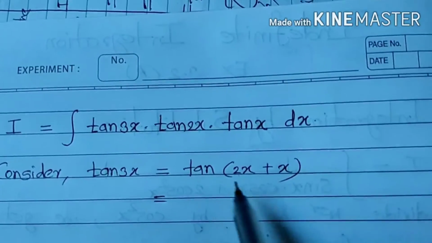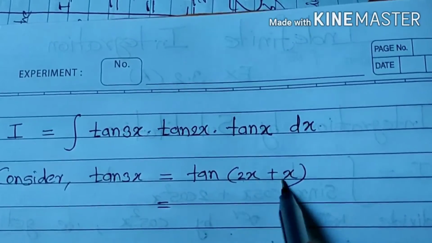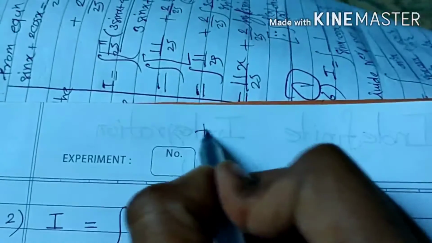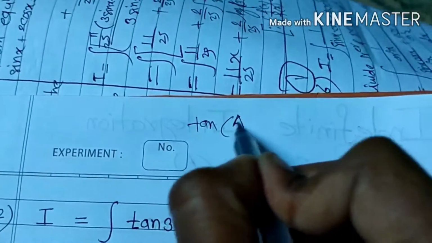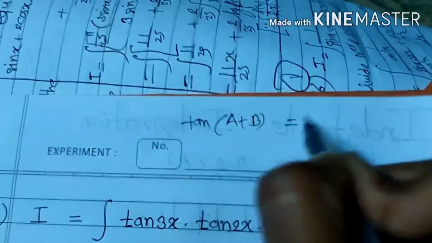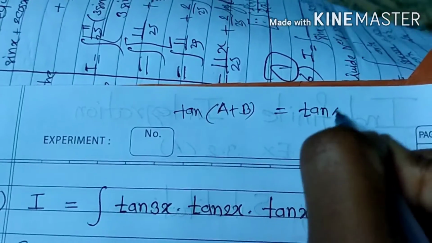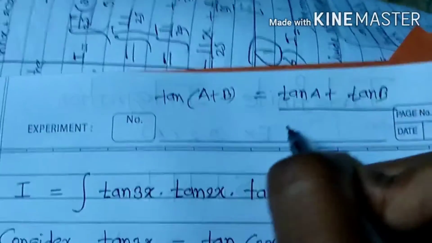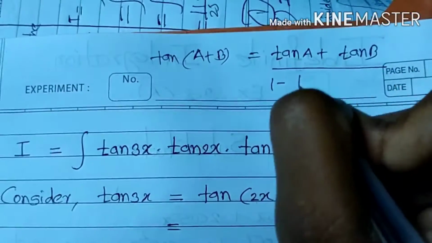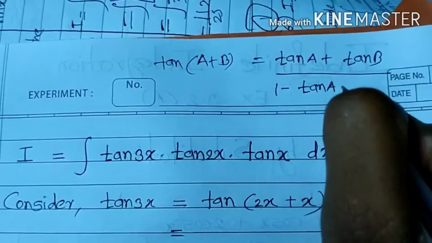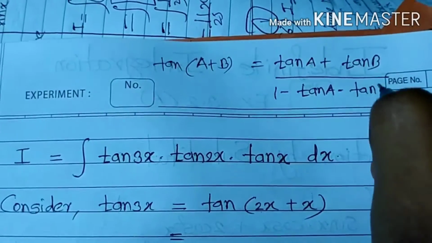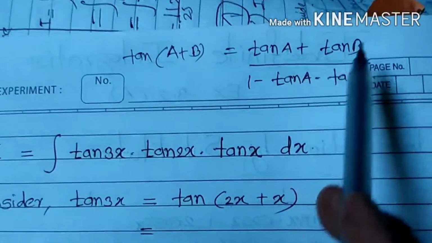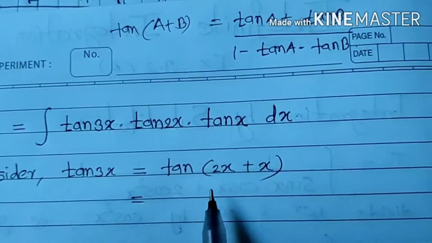Now here is the formula for tan A plus B. Tan A plus B is equal to tan A plus tan B upon 1 minus tan A into tan B. So using this, we simplify.